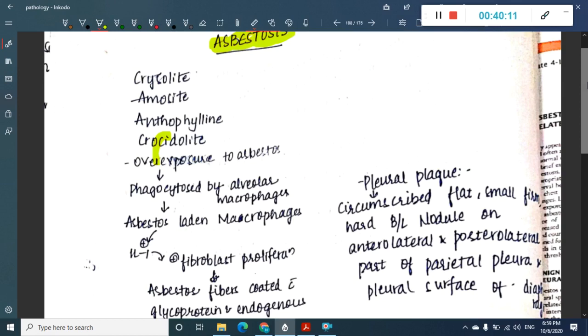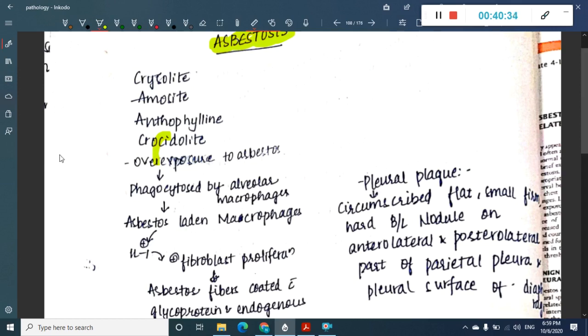Okay, whenever there is overexposure to asbestos, these asbestos particles incite an inflammatory reaction. This inflammatory reaction will activate the macrophages, and these macrophages come to the site of asbestos particles, and they engulf the asbestos particles, and this leads to the formation of asbestos laden macrophages.